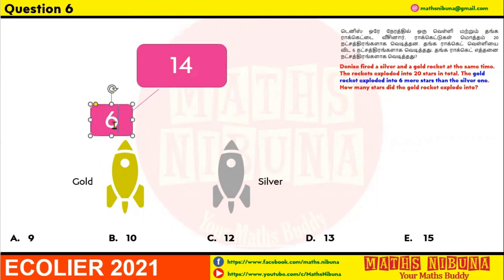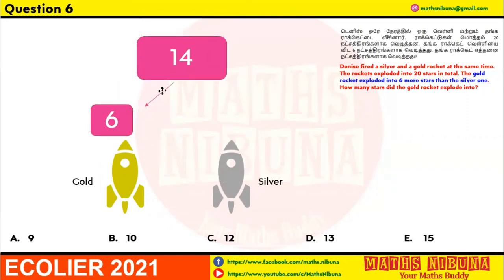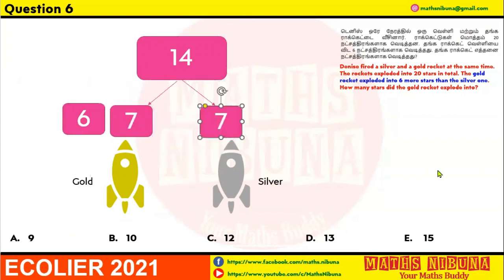6 already belongs to gold, because the gold rocket exploded 6 more stars than silver. Now this 14, we divide by 2. Half we give to gold and the balance we give to silver. So 14, half is 7, this one will receive 7, and this one will receive 7.